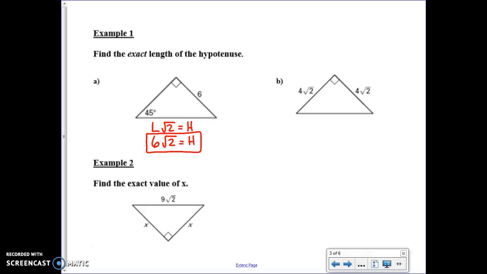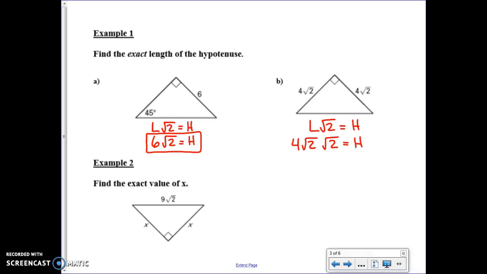And I'm done there. That's your answer. If I go over here to B and write down the same thing, leg times radical 2 equals hypotenuse, I know the leg length is 4 radical 2, and then I'm going to bring down the radical 2 equals the hypotenuse.